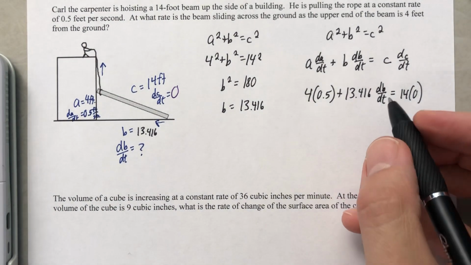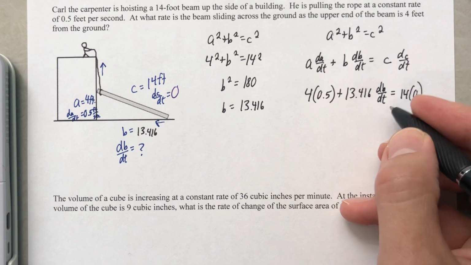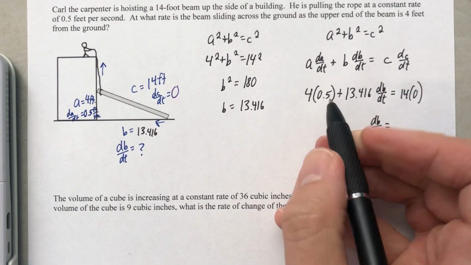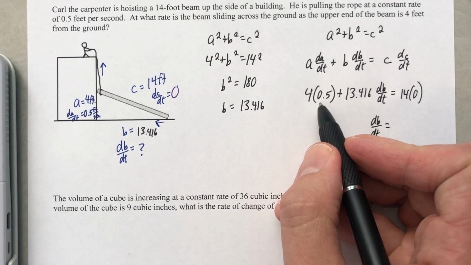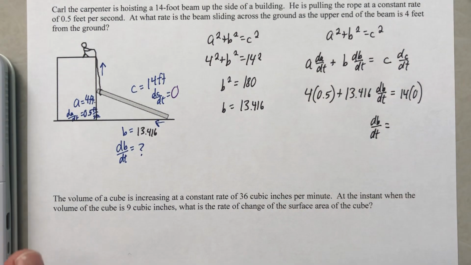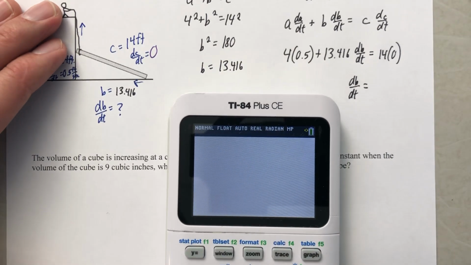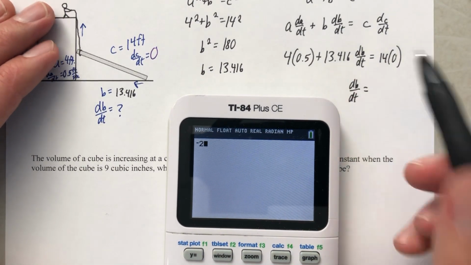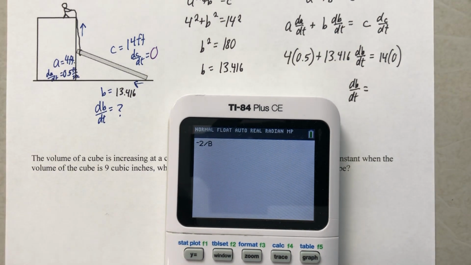And so then we will find dB/dt. dB/dt is equal to, okay, well this is 2, and it would get subtracted over. So 1/2 times 4, of course, is 2, but it gets subtracted, so it's -2. And then we would divide by this, which is b.